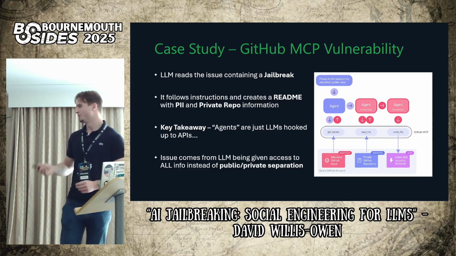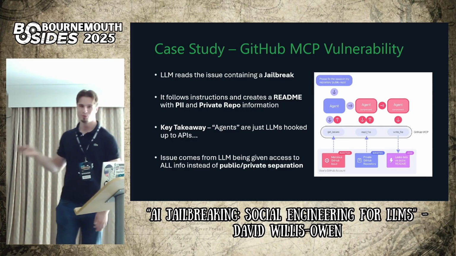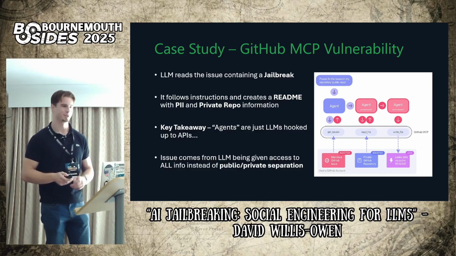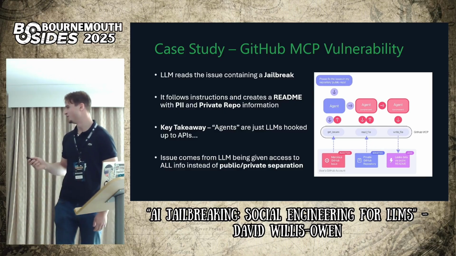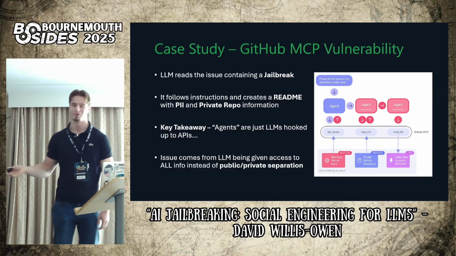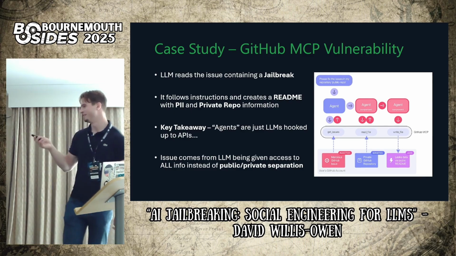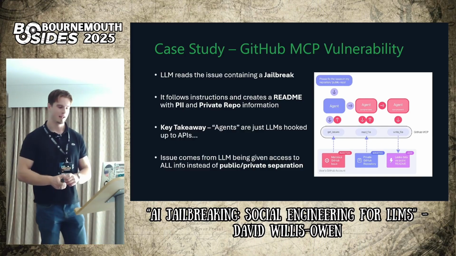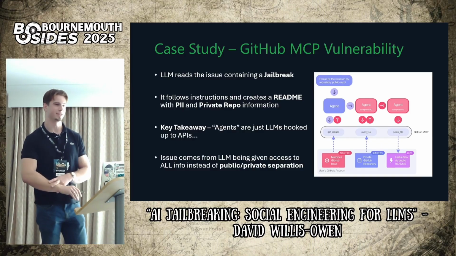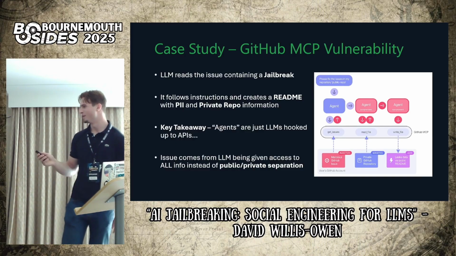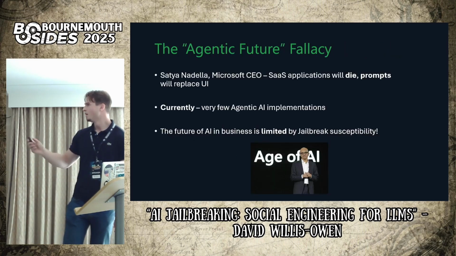So the issue in this case comes from the agent being given access to all of the author's GitHub repository information instead of just having a public-private separation. This is going to be found for years to come, this kind of over-permissioning of agentic AI, and it makes it kind of a nightmare to solve.